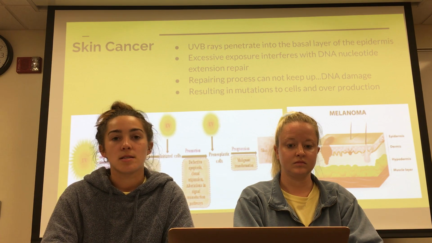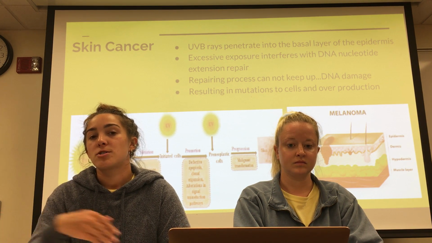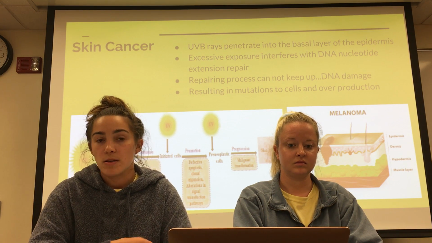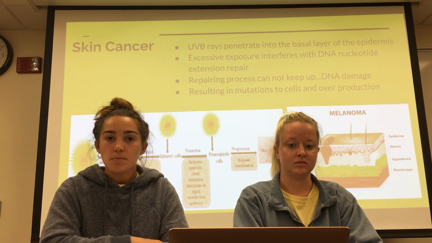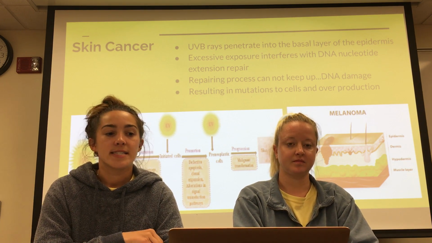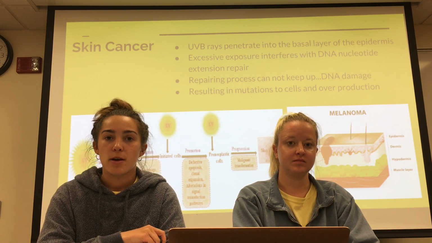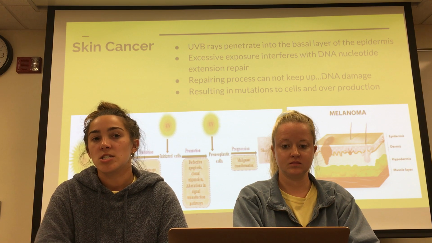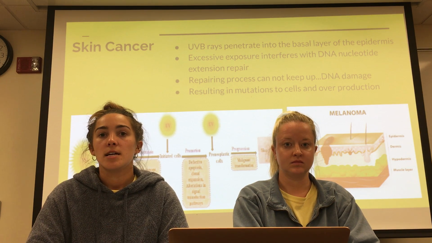So basically what happens is the UVB rays penetrate the basal layer of the epidermis, so these are going deeper into your skin. And with excessive exposure, the DNA nucleotide excision repair process is being altered. So the process of fixing damaged DNA is being altered.